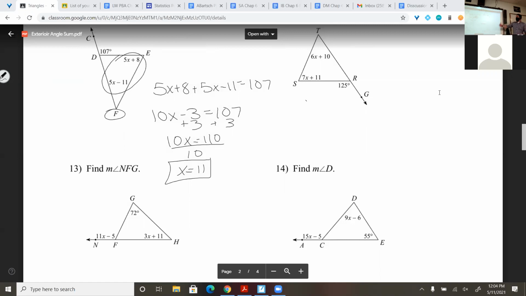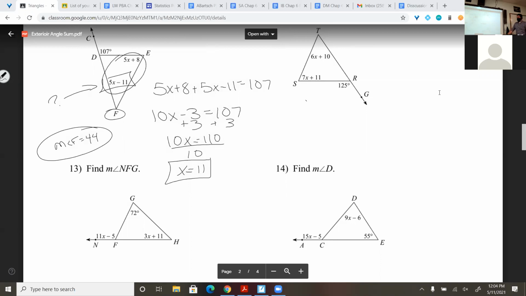For this one, we want to go a step further and say, all right, if x equaled 11, what does this now equal? And so I'm going to plug 11 back in, and I have 5 times 11 is 55. Minus 11 gives me that the measure of angle F is 44 degrees.